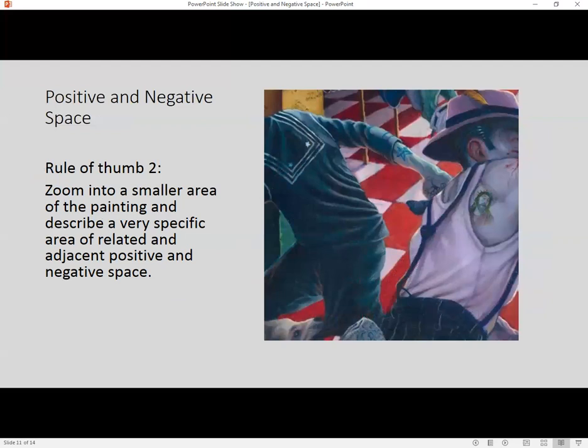So the second rule is to zoom in to a smaller area of the painting and describe a very specific area of related and adjacent positive and negative space. By related and adjacent, I mean if you're talking about positive space, you're talking about areas of positive space that are relatively close to one another and that share the same negative space. I'm going to go back to that first painting.